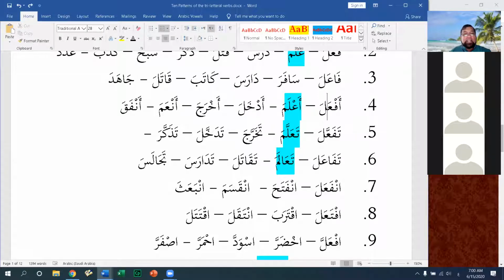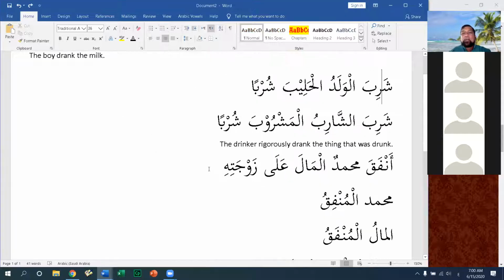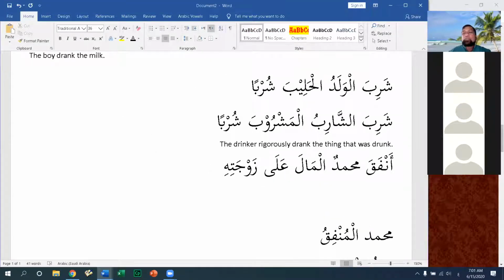For example, in this sentence here, I can restructure the sentence for you. I'll show you. So we say أنفق محمد على زوجته. If I were to use the masdar instead of أنفق, look what I would do. We would say إنفاق محمد, and I made it Muhammadin.